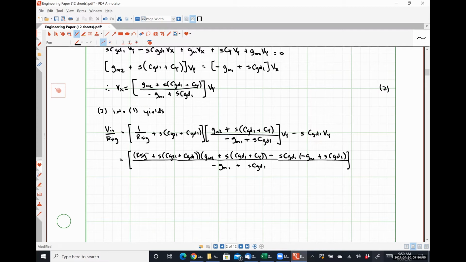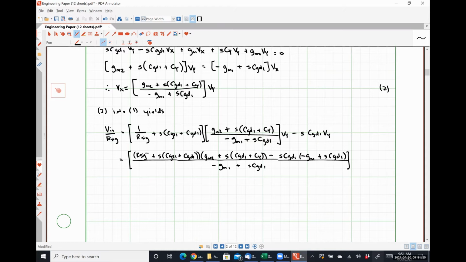Okay, so for my next step, and this is going to be both maybe more and less terrifying at the same time because it does involve a couple of simplifications. What I'm going to do is multiply both sides by R sig to clear that so that I'll just have Vn on the left-hand side. And I'm going to wind up foiling out everything and taking some terms away because there's going to be some cancellation.